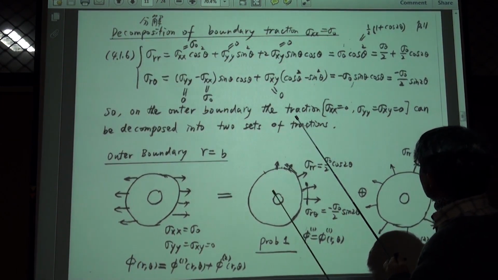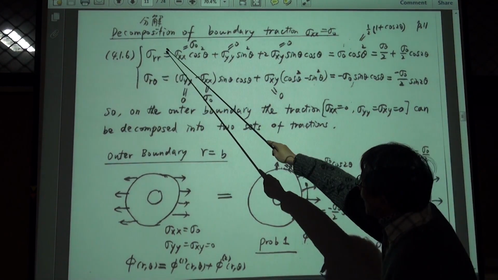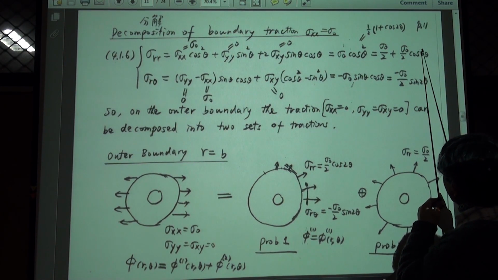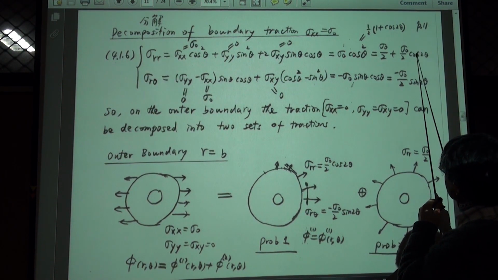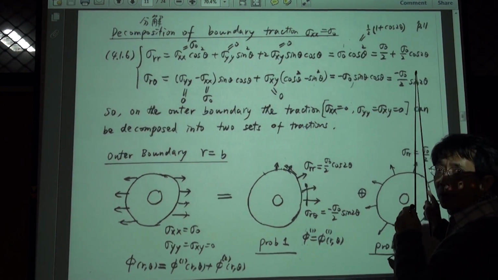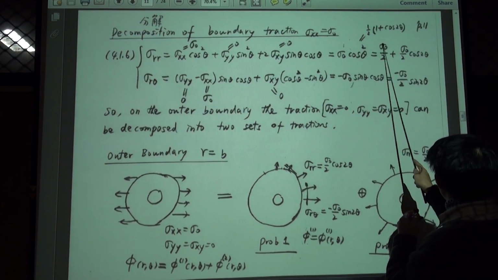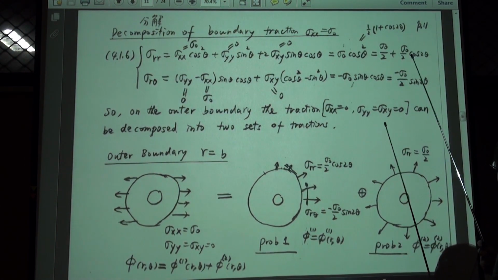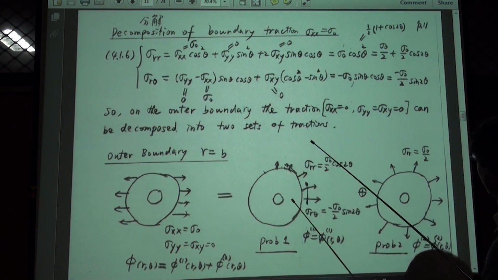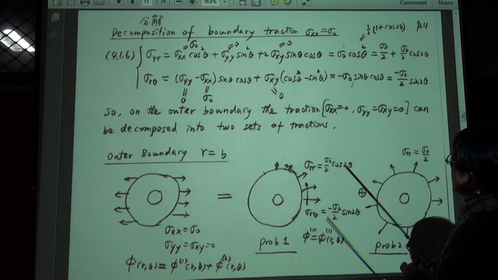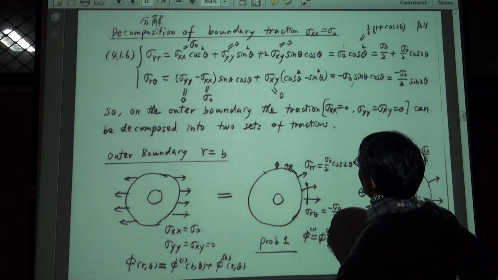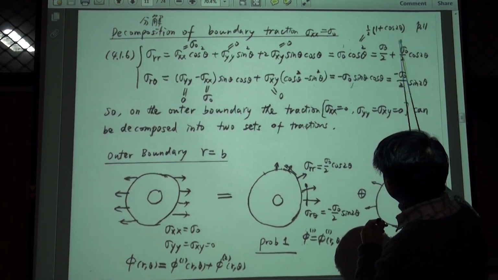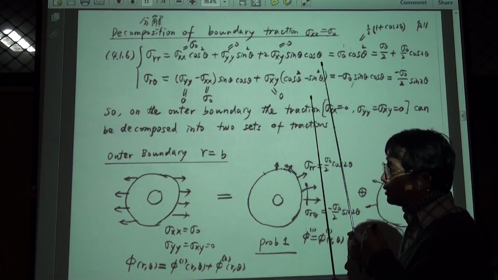Now look at here. Sigma RR and sigma R theta are just a combination of periodical functions, cosine and sine, and some visually symmetric stress. So according to such a situation, we can decompose the boundary condition sigma xx equals sigma 0 here into two parts, a periodical part and a visually symmetric part.